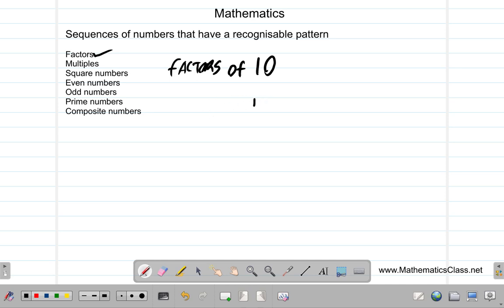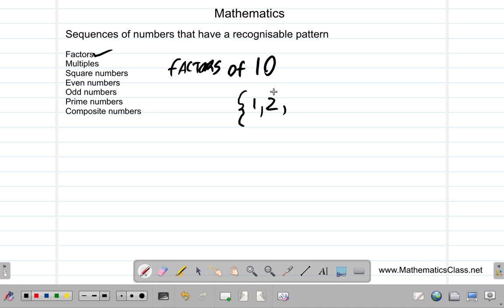Well, 1 can go into 10 without leaving a remainder. So we have 1, comma. It's a set of numbers, so you're going to use the curly bracket. 1. 2 can go into 10: 2 into 10 is 5, no remainder. 2. What about 3?